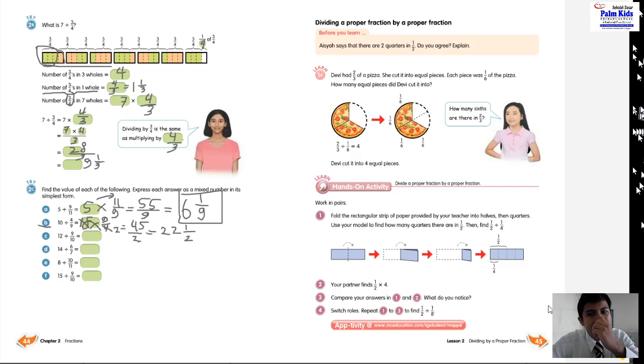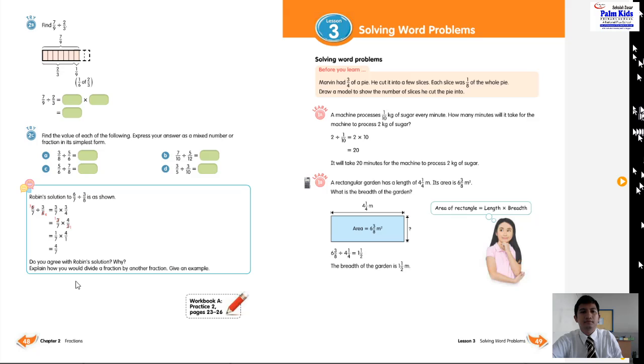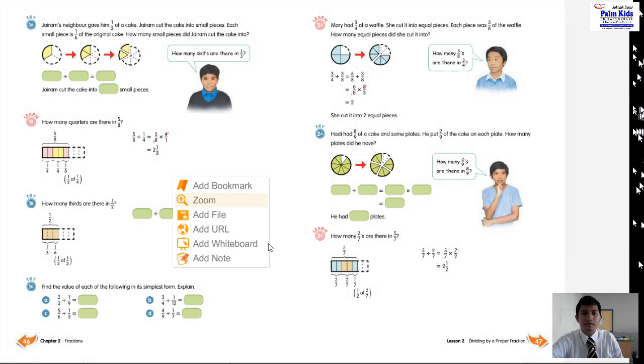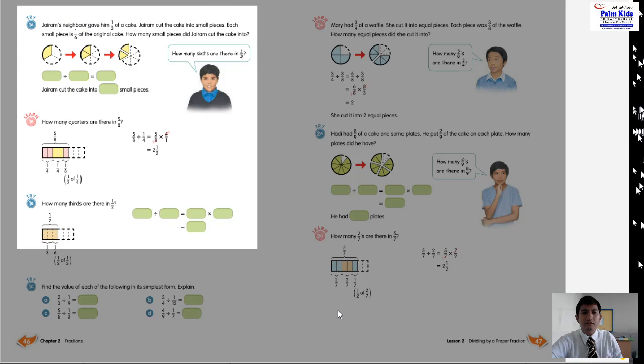Okay, last thing that we're going to learn is dividing a proper fraction by a proper fraction, the one that we learned last week actually. We're going to do this all together. But now it's more into word problems.